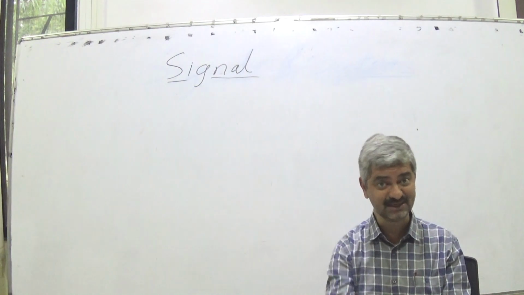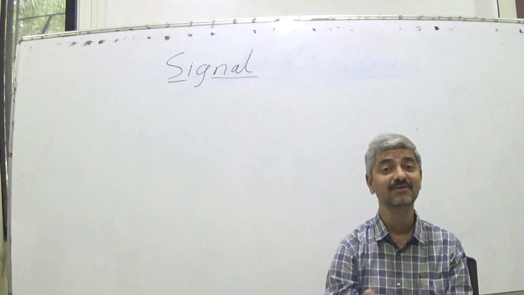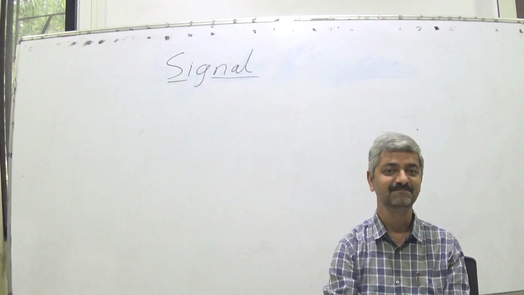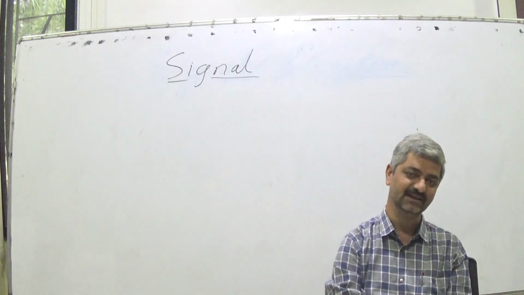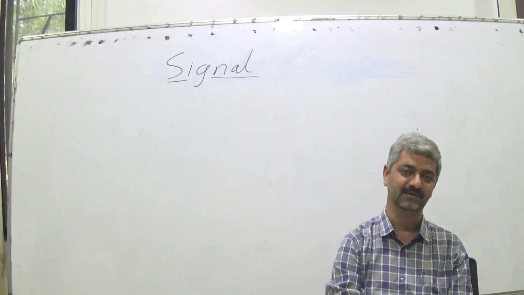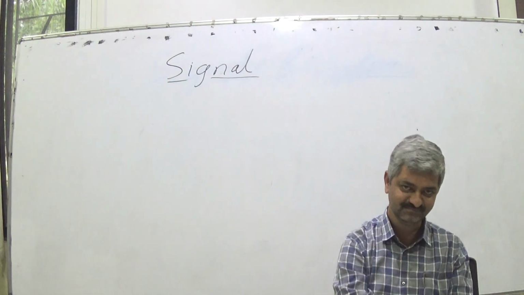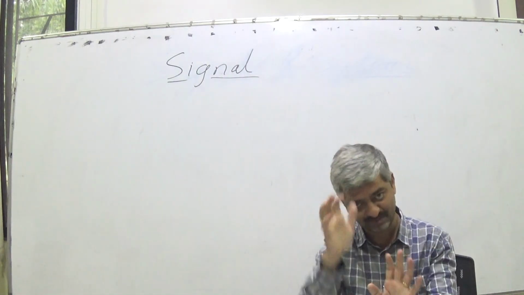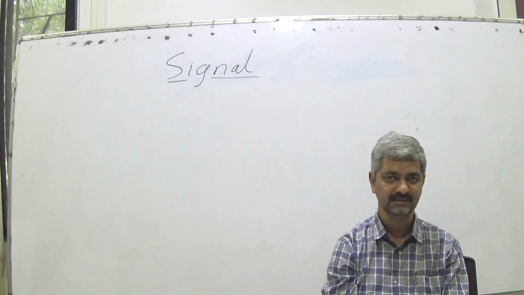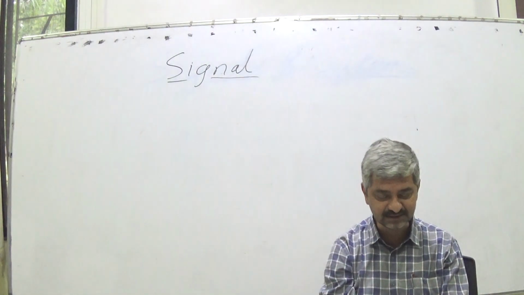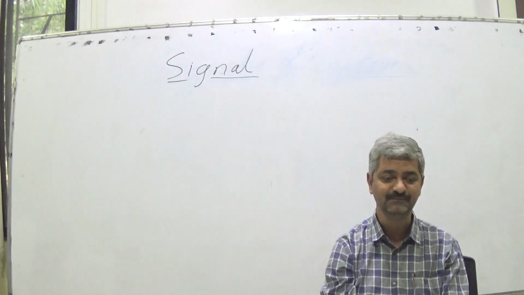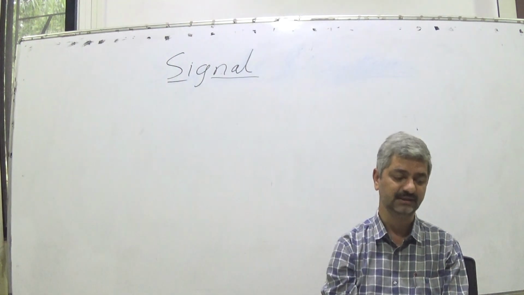So speed versus time, I hope you understand, even though speed includes time in its denominator. To be very precise, it is a derivative of position versus time. Anyway, you understand it. So what is a signal? A signal is the mapping of one physical parameter with time.